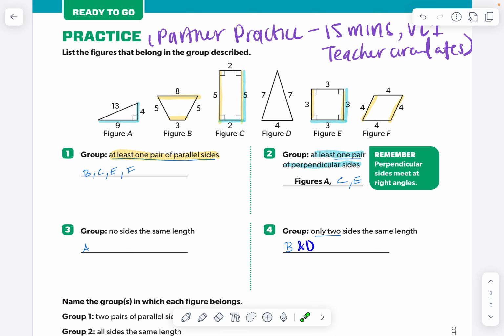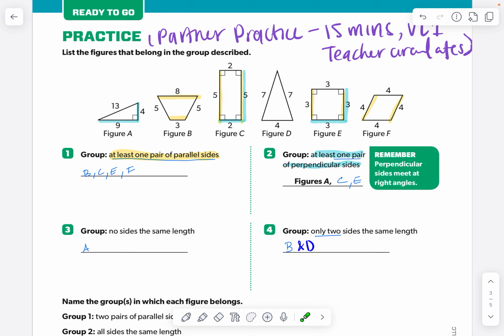So reminding students what parallel sides are, I've highlighted them in yellow just for you so you can quickly check students' work. So parallel sides, they never cross. And so they're going to list the figures that belong to that group.